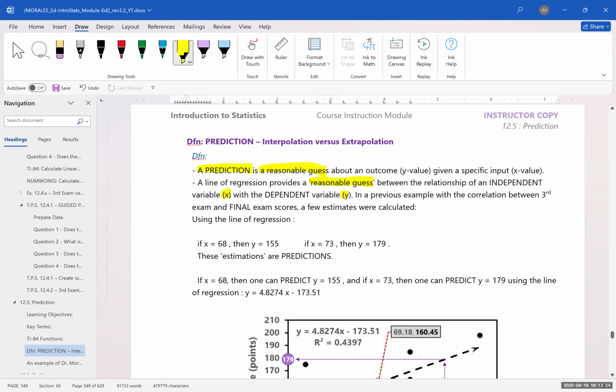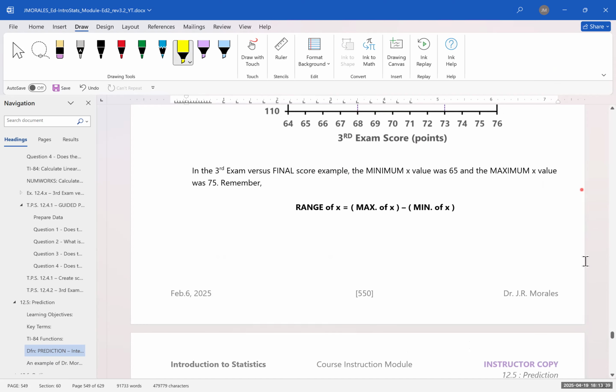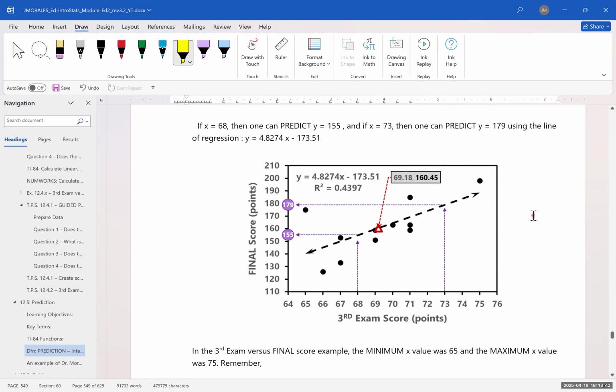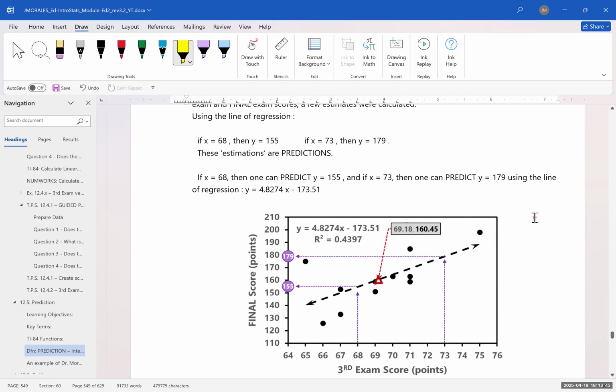In a previous example with the correlation between third exam and final exam scores, a few estimates were calculated. So using the line of regression, if x was equal to 68, we could plug that into our line of regression, and the y hat value would be 155.